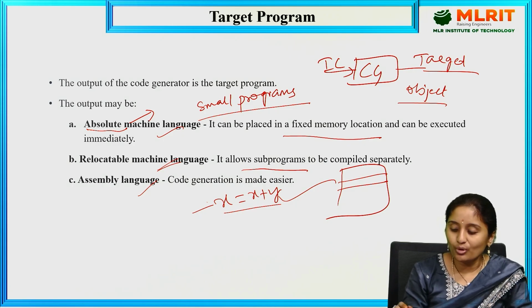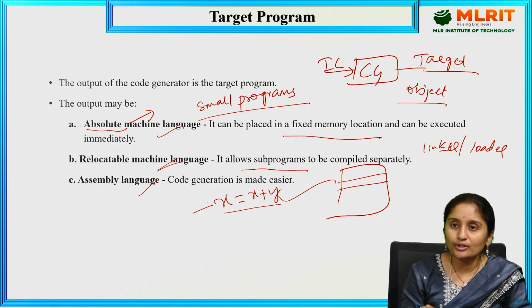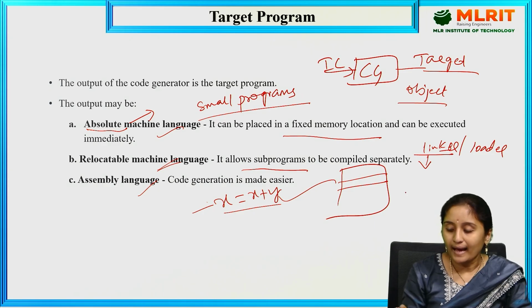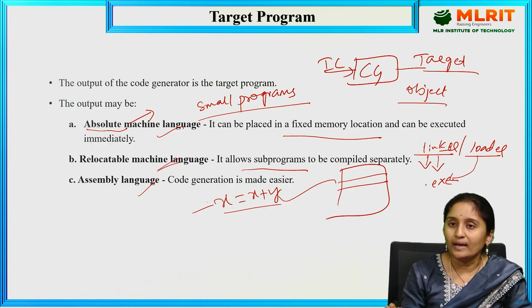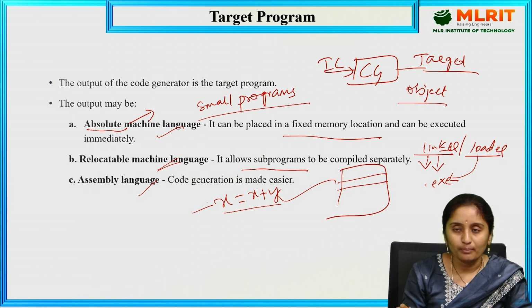Here in the relocatable machine language, we use a linker and a loader. The linker links all the small subprograms into a single program, and the linker generates a .exe file, an executable file. The loader loads the executable file into memory.